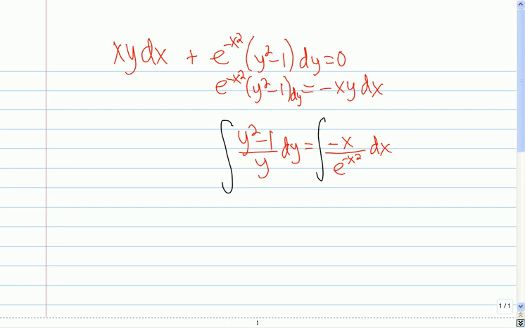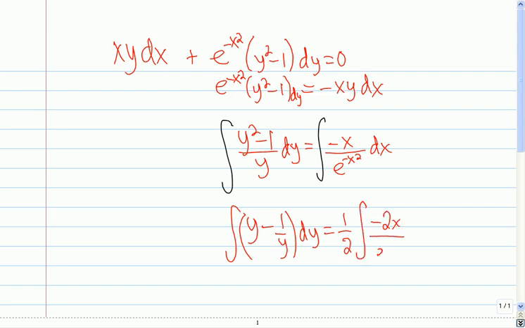There'll be a couple of things I can do to make these integrals a little easier to work with. Y minus 1 over y would make this side a little bit better to work with. And on the other side, if I put a half in front, I'll be able to put the negative 2x that I need so that I can use this as my function and then 2x as my derivative.